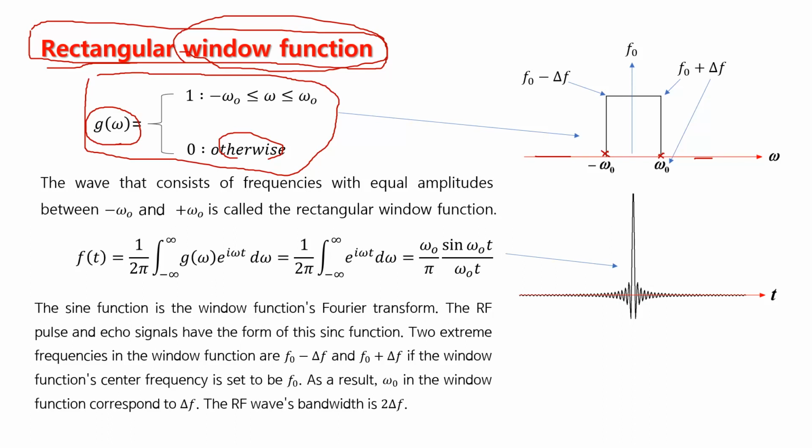The wave that consists of frequencies with equal amplitudes between minus omega 0 and omega 0 is called the rectangular window function.